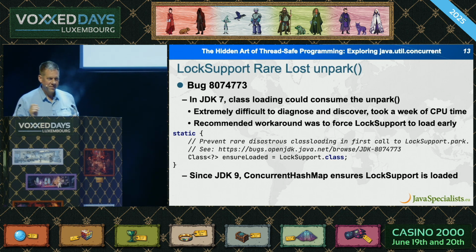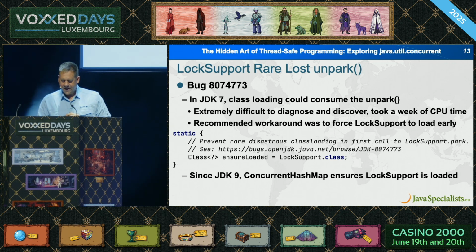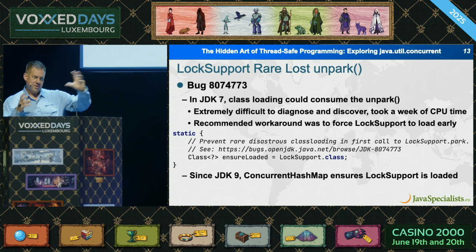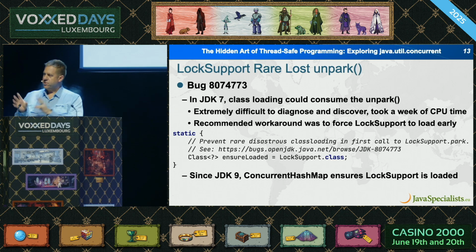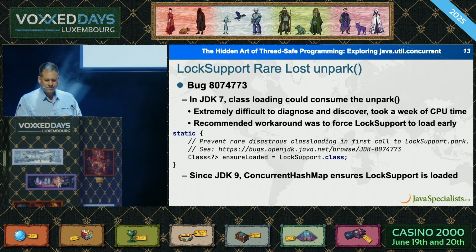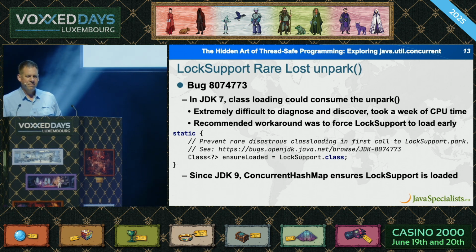This was Java 7, right? And so the workaround was you put a static block only in classes where you use LockSupport. If you don't use LockSupport, you don't need this. And the problem sort of seemed to go away in Java 8, but nobody really knows whether or not.